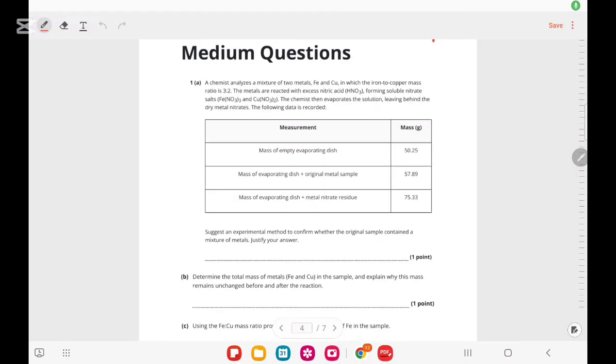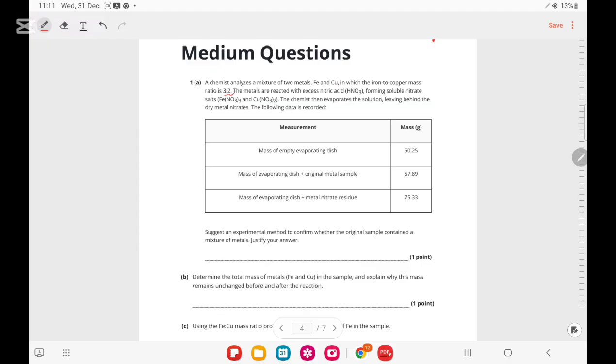This question, a chemist analyzes a mixture of two metals, iron and copper, in which the iron to copper mass ratio is 3:2. The metals are reacted with excess nitric acid to form soluble nitrates, iron nitrate and copper nitrate.